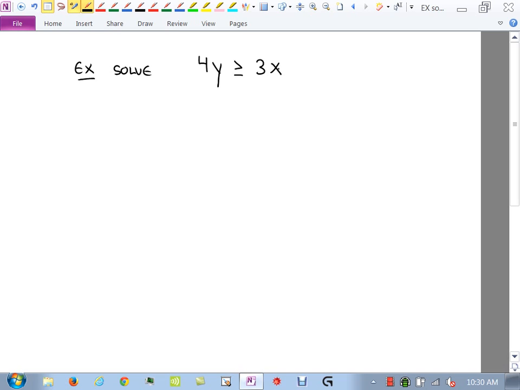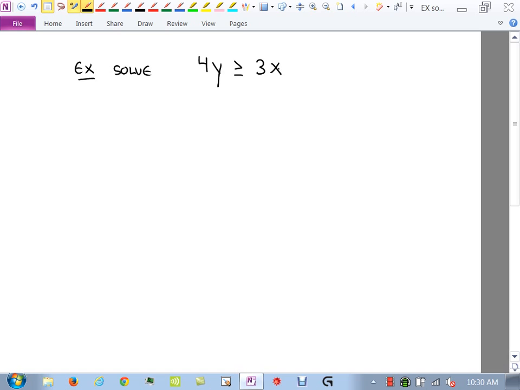This one is tricky because it looks so simple that it's confusing. First thing I notice, I have an inequality, right? I have two variables, it's linear. So it's a linear inequality in two variables. So this is exactly what we've been doing so far.